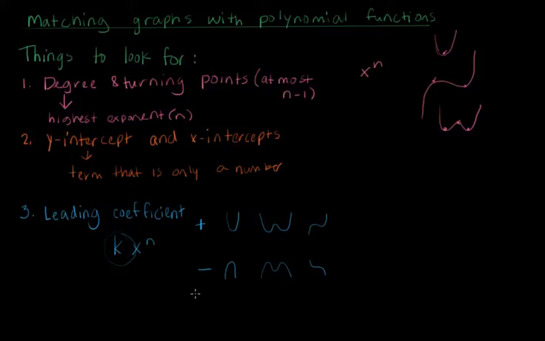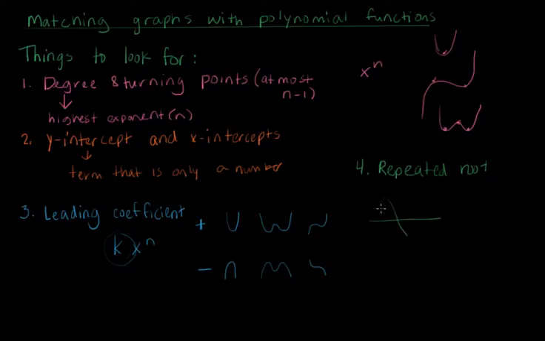So we're going to look for those things and see if we can use that to match our graphs with a polynomial function. One more thing that we might look for, let's just put a number 4 over here, is any places where we have a repeated root. Regular roots are where the graph crosses through the x-axis, right?